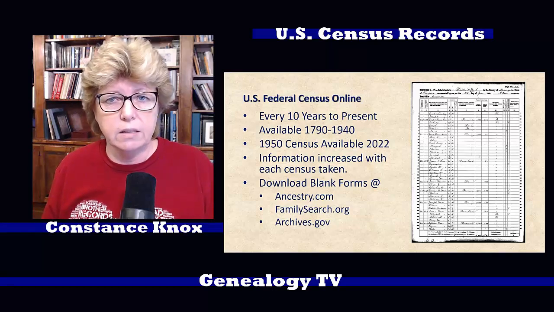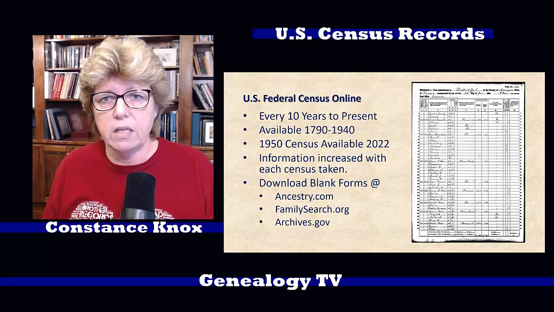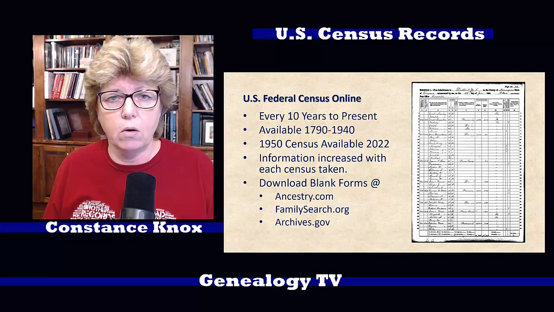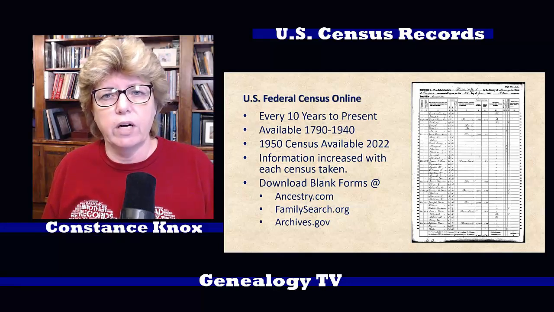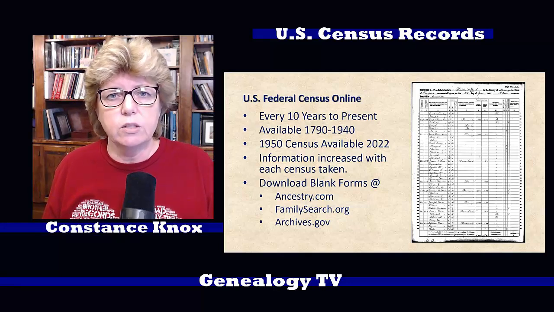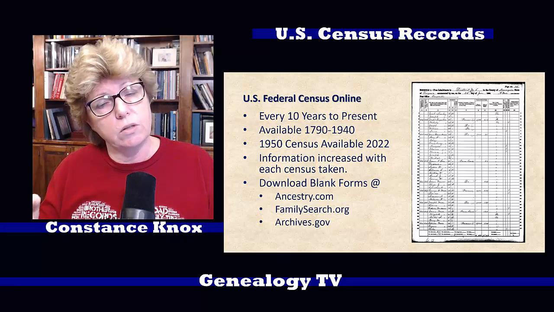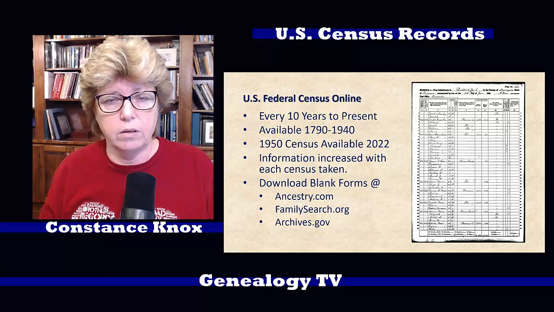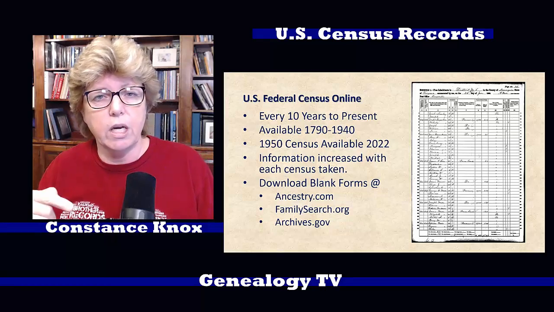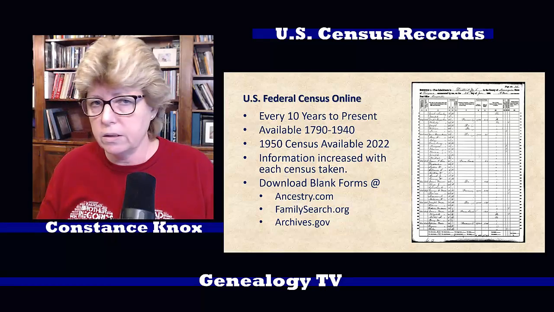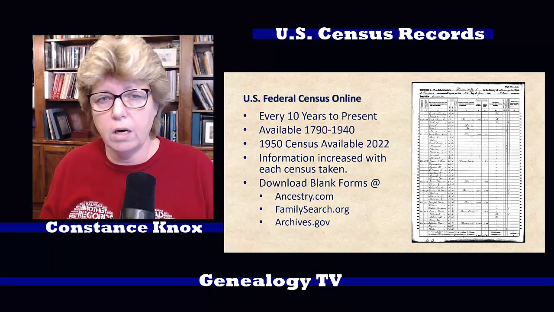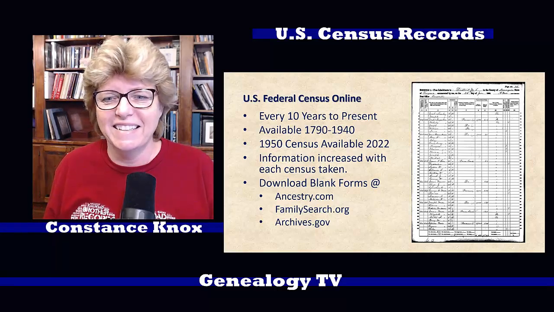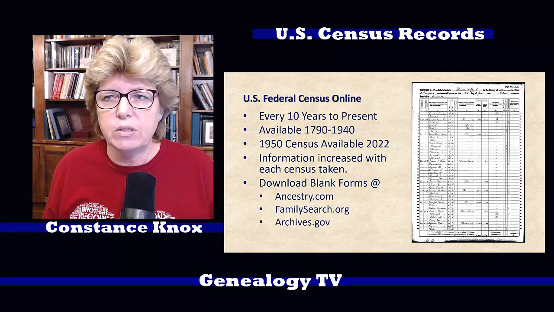You can find them at Ancestry.com, at FamilySearch.org, and at Archives.gov. So I'm going to put the links to those in the show notes underneath the video here on YouTube, and then you can download those directly from those links. There's no obligation, no cost. They're all free. And so those are our resources for you.